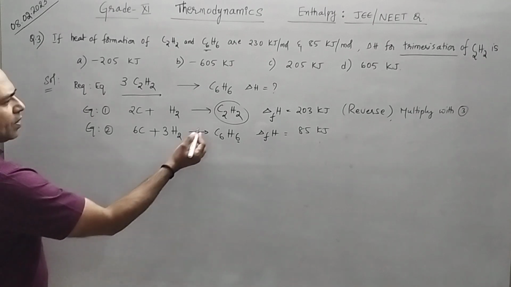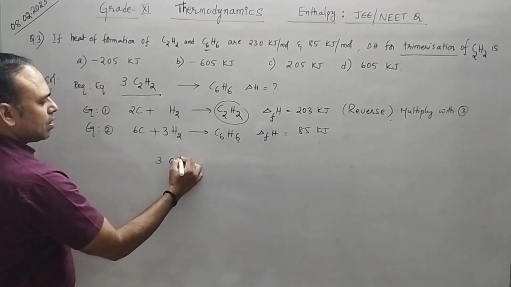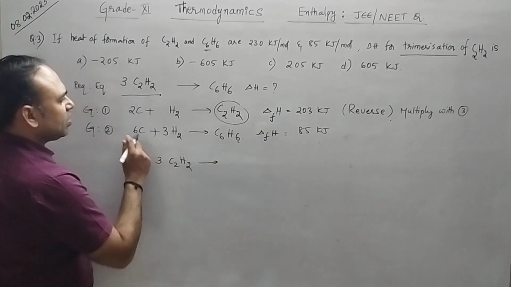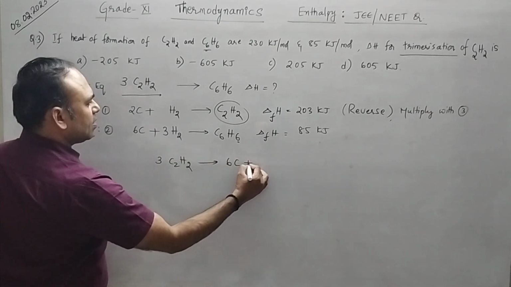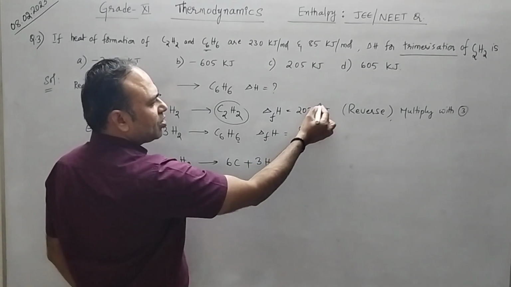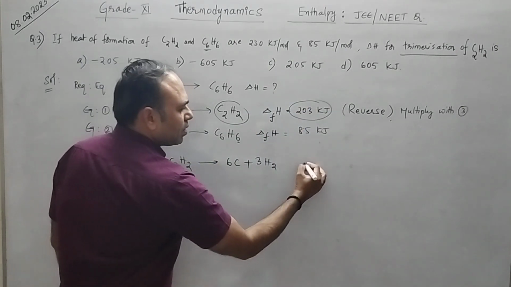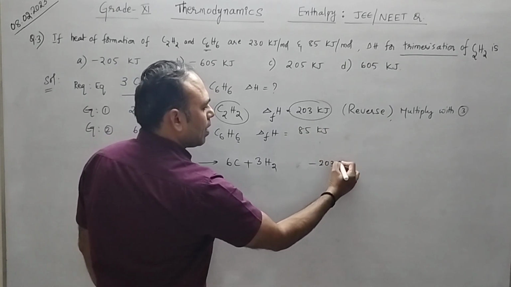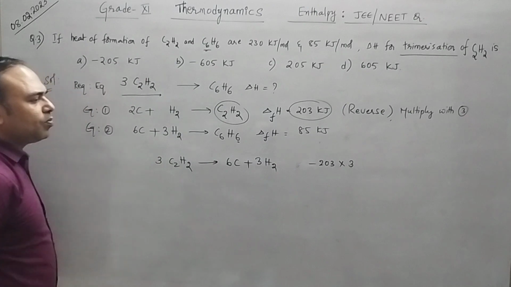What you get on reversal and multiplying: 3C2H2 gives 6C plus 3H2, and delta H. It was earlier plus. On reversing it will become minus, and then multiply with 3. Hope you have understood this.